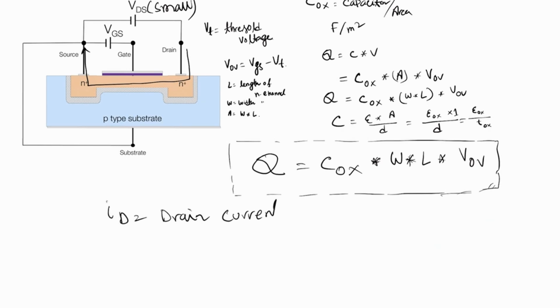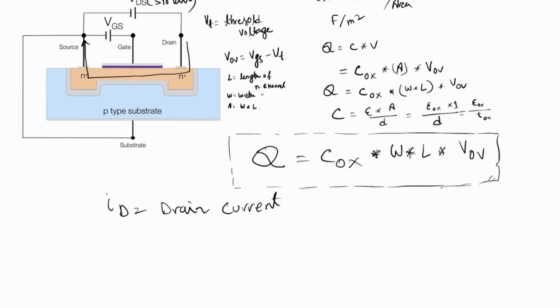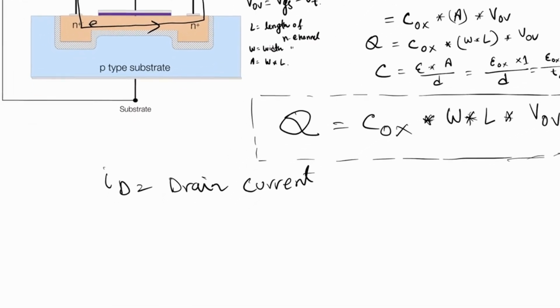This drain current depends on how much charge flows through this channel from source to drain. So for this current calculation, we need to consider the charge per unit length. That will be Q divided by L, the charge per unit length.